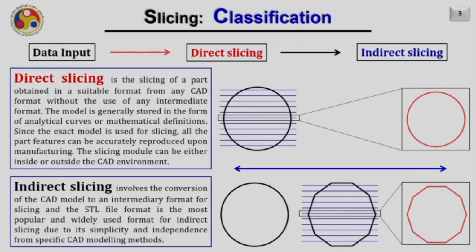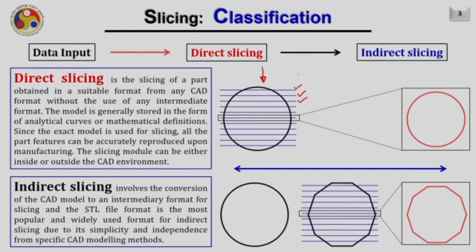For example, what you are seeing in this diagram is the front view of a sphere, and you can see that it is an accurate representation of the sphere. Directly, we are slicing the same object without converting it to an intermediate format, that may be the STL file.